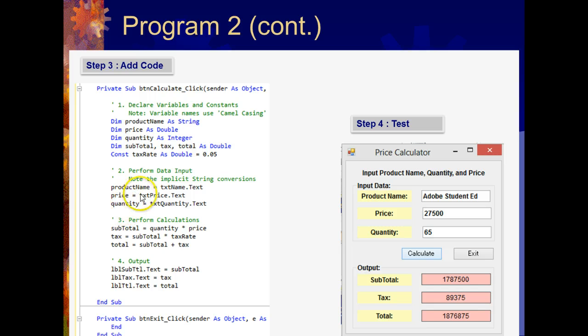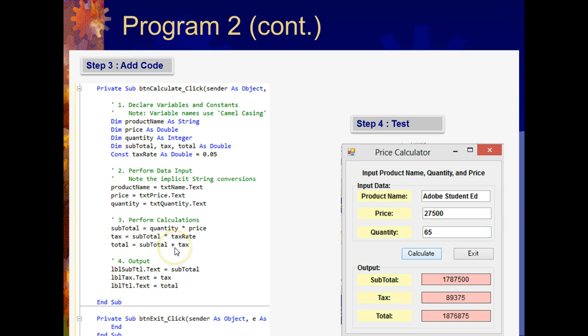I think we could just take text name dot text, text price dot text times text quantity dot text. I think that would also work here instead of quantity times price, or even here. So you could do this. It's kind of more methodical to do this.